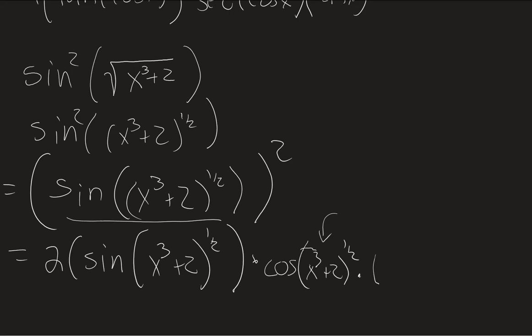So the derivative of sine was cosine. So this cosine, that's already the derivative. And then I leave this alone, x to the third plus 2 to the 1/2.